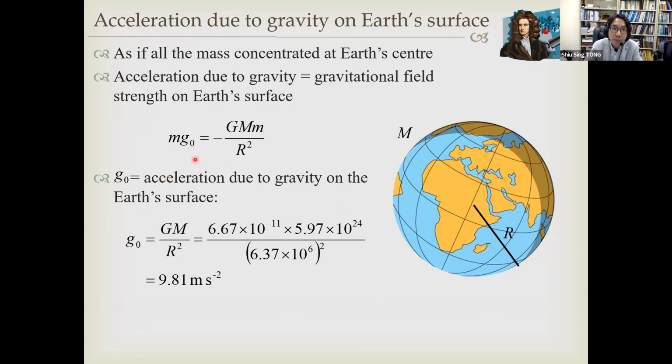After canceling the m, I find the value of g0, and I only have to insert the value of G, the gravitational constant, the mass of the Earth, and the radius of the Earth. After I insert all these values, I get 9.81 meters per second squared, which is the average value of the gravitational field strength, or acceleration due to gravity, on the surface of the Earth.